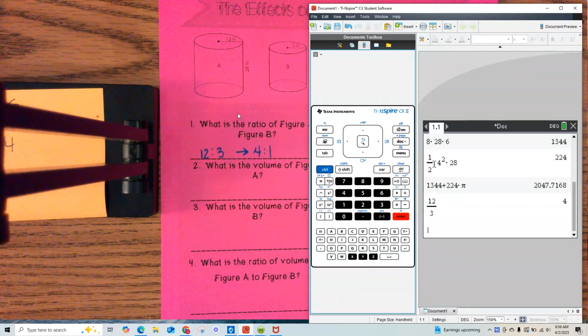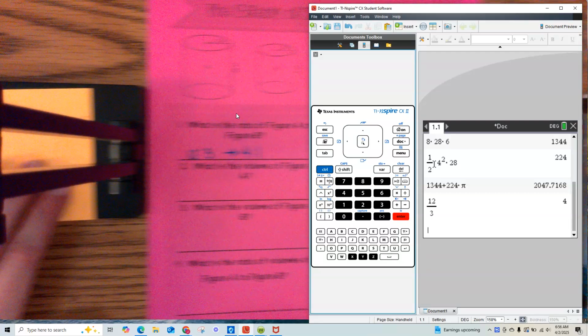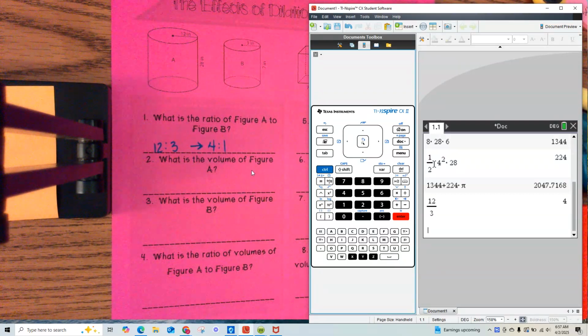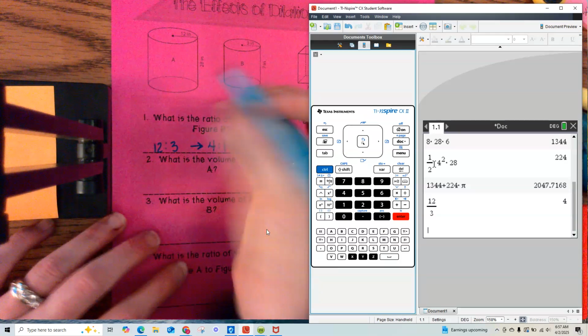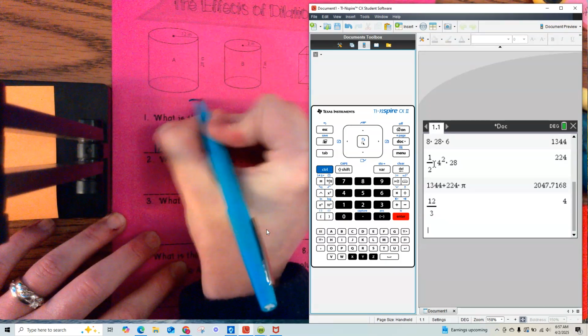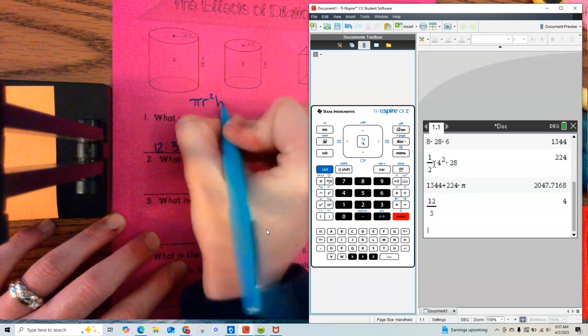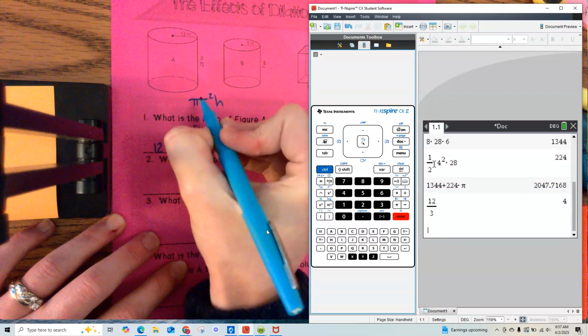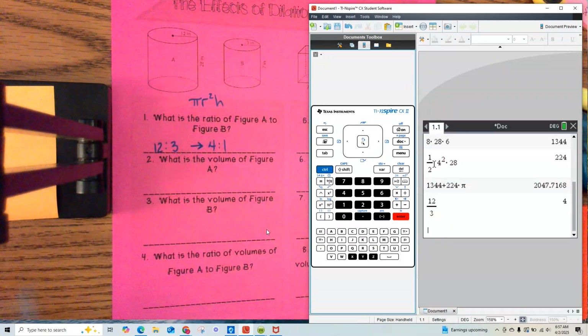All right, now we're going to try to get this where you can see everything a little bit better. What's the volume of figure A? So cylinder is pi r squared h. So figure A has a radius of 12 and a height of 28.